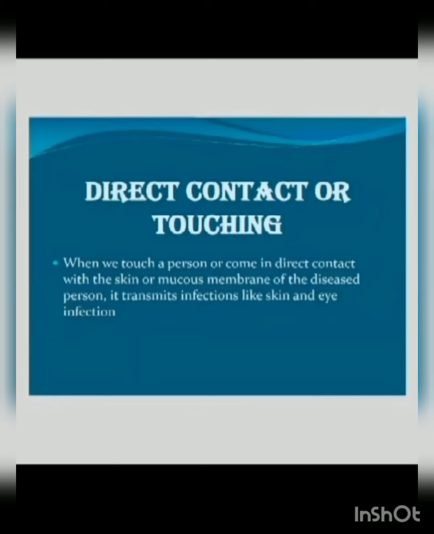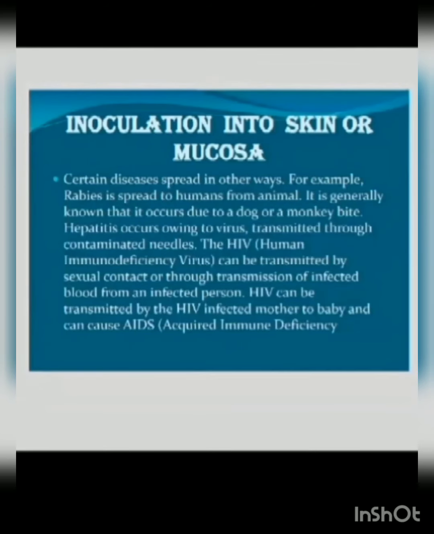Modes of transmission of these diseases. Modes of transmission can be classified as direct and indirect transmission. Now, when we talk about direct transmission, as we have studied in earlier classes, direct transmission of diseases takes place as follows.